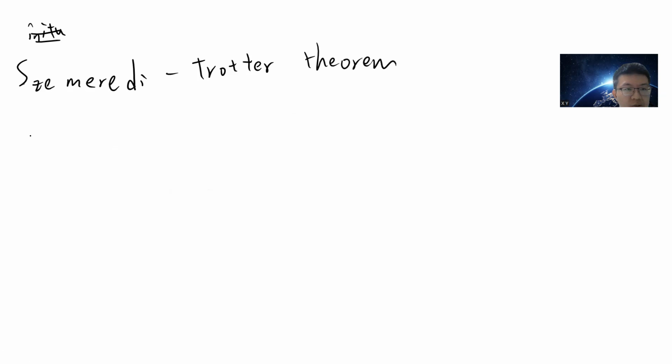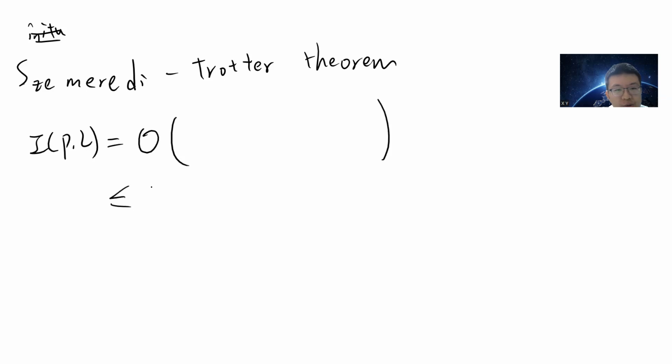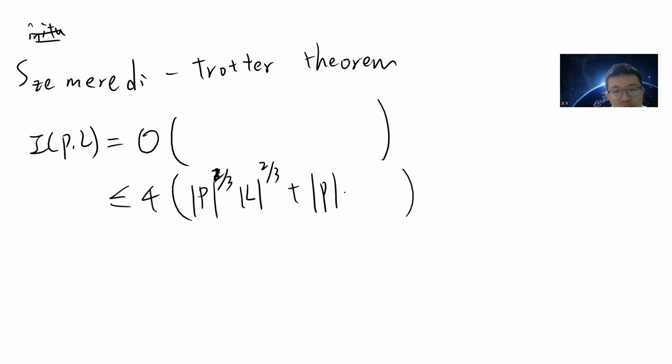Okay, so simply speaking, your IPL is big O of, less or equal to 4 times, so 4 is the actual bound, P to the 2/3 L to the 2/3 plus P plus L, and then this is just the same.